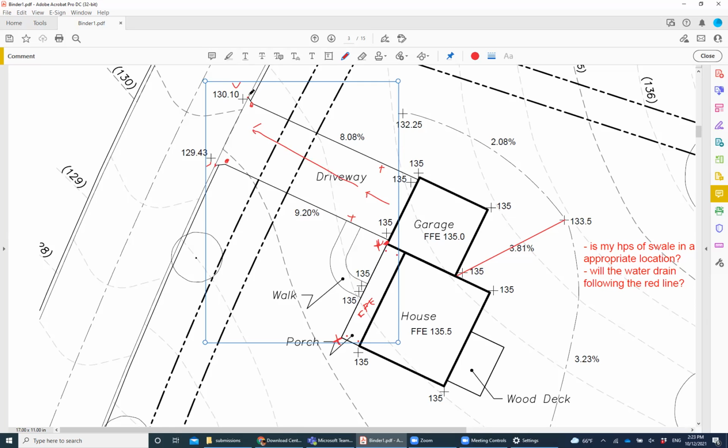For the four here at the entrance, and then 15 feet away you need 2, and then at the entrance of the garage 2.